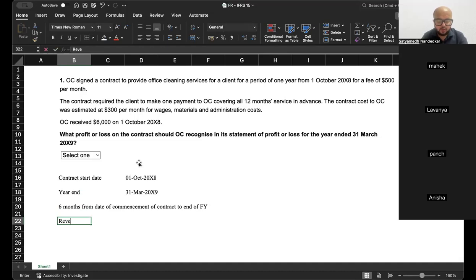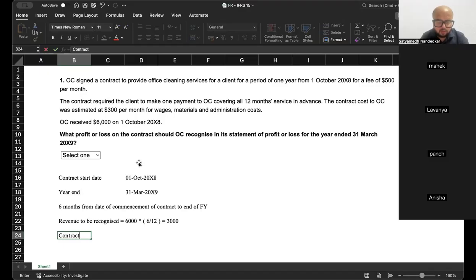ठीक है. So revenue to be recognized कितना होगा? Revenue to be recognized is 6,000 into 6 by 12. That is 3,000. Okay. Now, the contract cost to OC was estimated to be 300 per month, right?